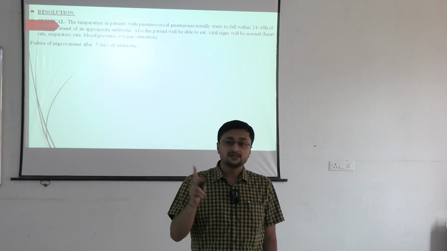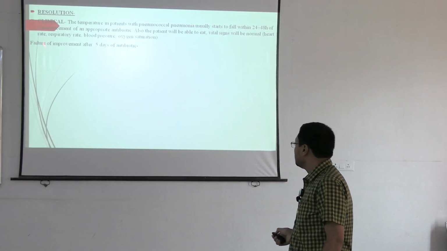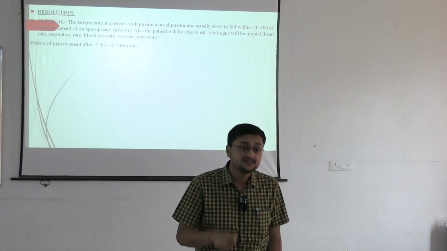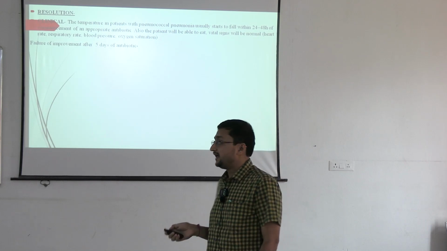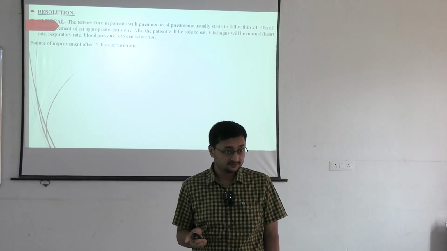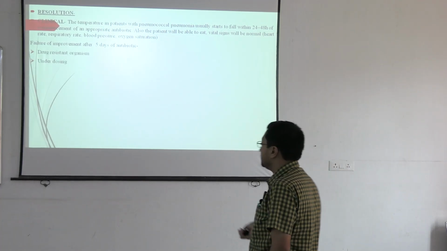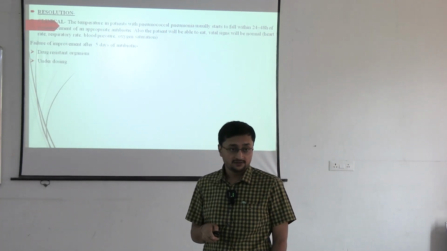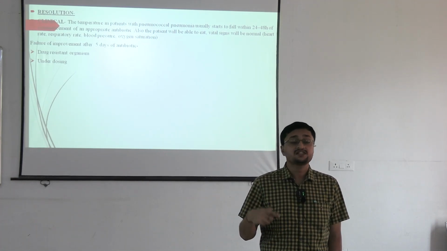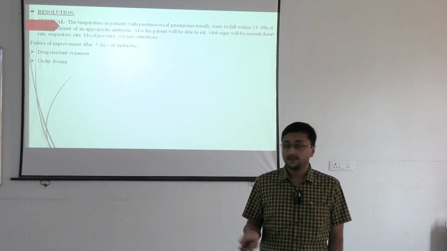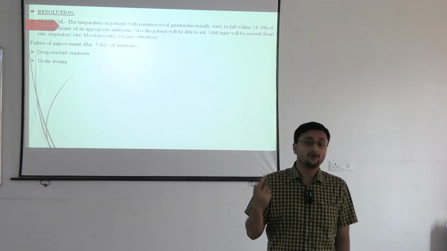Second, the organism is mostly not sensitive to the antibiotic you are giving, the antibiotic choice is not perfect, and the dose is not proper. If the patient is immunocompromised or has CKD, you must modify the dose, and in an obese patient you also modify the dose according to body weight.